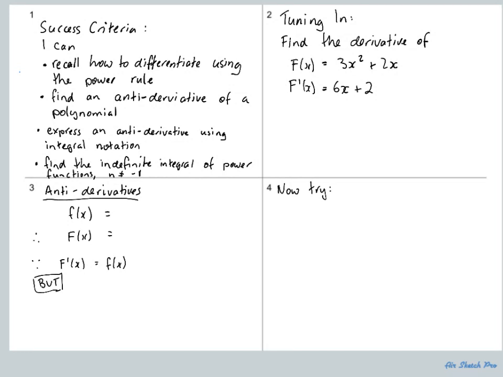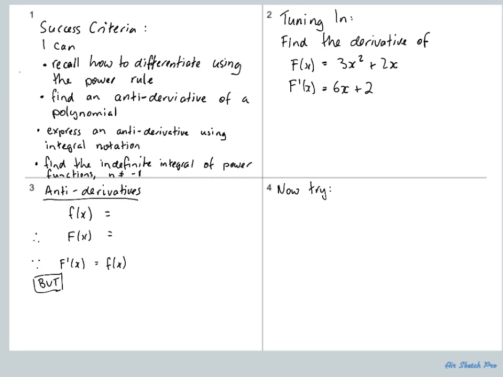You've differentiated using the power rule. If you didn't get it, 3 times 2 is equal to 6, and I decrease the power by 1, so it's 6x. X to the power of 1, 1 minus 1 is 0, so x to the power of 0 makes it disappear, and 2 times 1 is 2. I'm not going to dwell on that any further unless someone wants me to, but that's from our unit of work last year on differentiation.